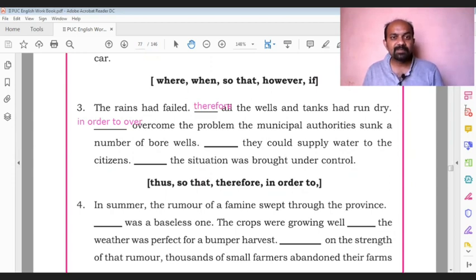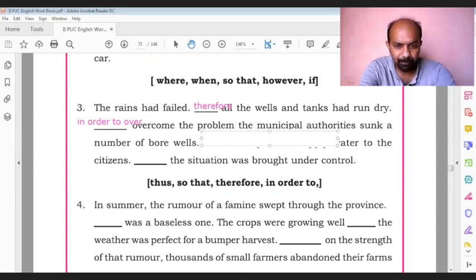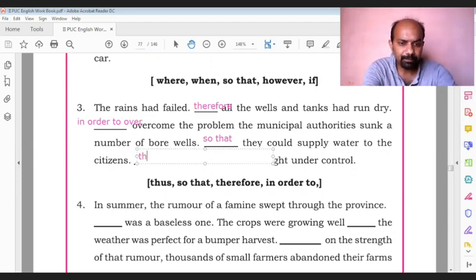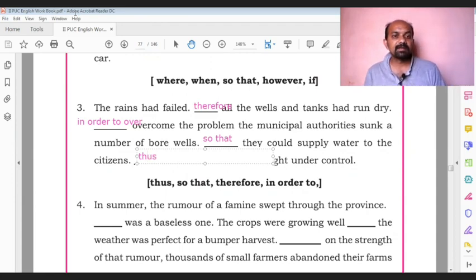The next one, so that they could supply water to the citizens. Last one, thus the situation was brought under control.